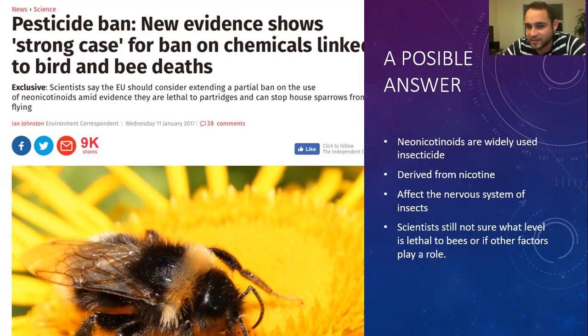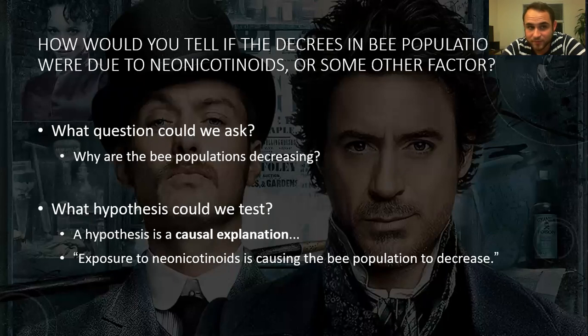The pesticides contain this chemical right here, derived from nicotine, and we're still not sure if it's lethal to bees, but we're sure that it probably affects other factors, maybe making bees more lazy, maybe sicker, less healthy, maybe more fat or more thin. But we do know that that pesticide is involved. They guessed it was the pesticide, they did an experiment, and then they got their results.